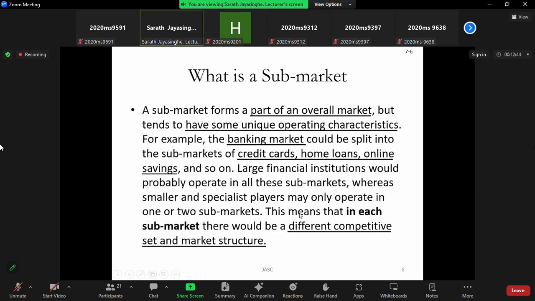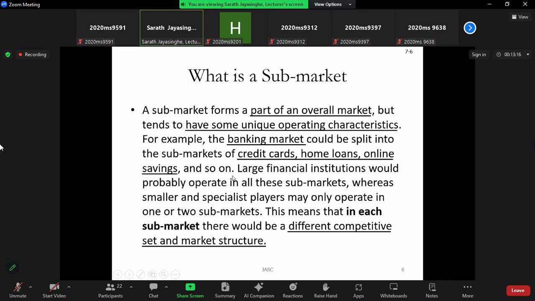And this is a sub-market. So a sub-market is the part of that overall market that has some unique operating characteristics. For example, if you take the banking market, the banking market is a big market, the full market, total market. But under that, you can see sub-markets: credit cards, home loans, online savings, small parts of this big market.